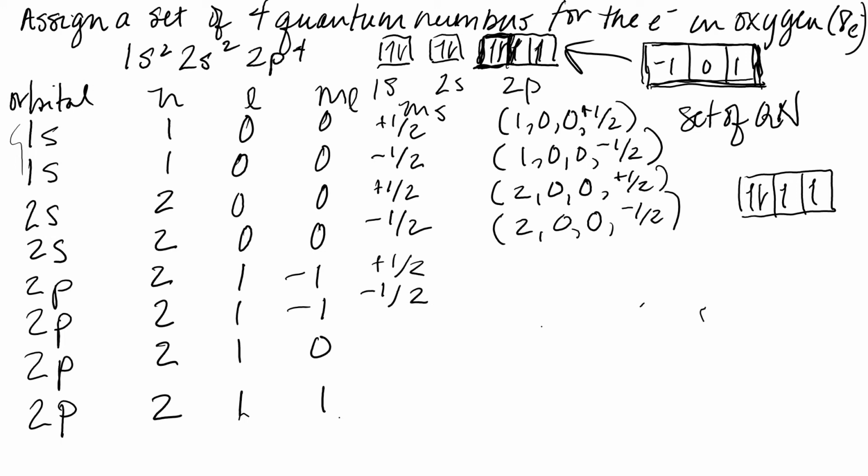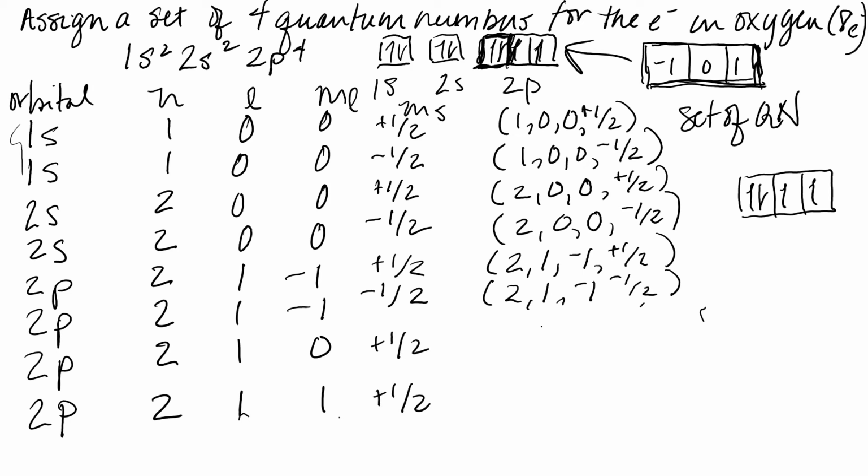And this is Hund's rule, which I guess is toward the end of this video, but we're already addressing it. So the quantum numbers for the two electrons that are in the same orbital are 2, 1, -1, +1/2, 2, 1, -1, -1/2.